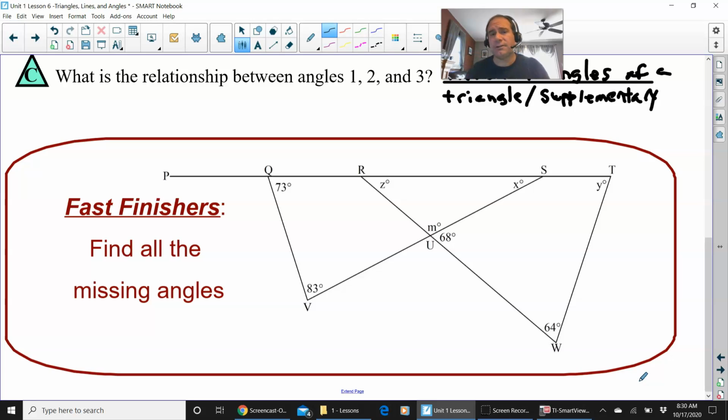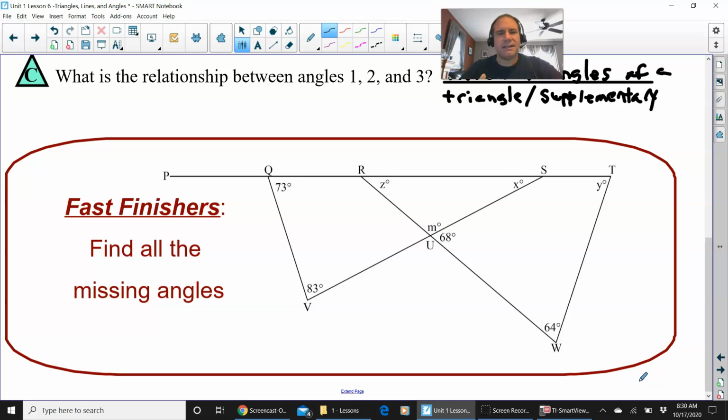I know triangles are 180 degrees. I also know that vertical angles are equal to each other. So if I could just fill in some vertical angles, then maybe I could get something going here. So we're going to try to just fill in all of those missing angles.